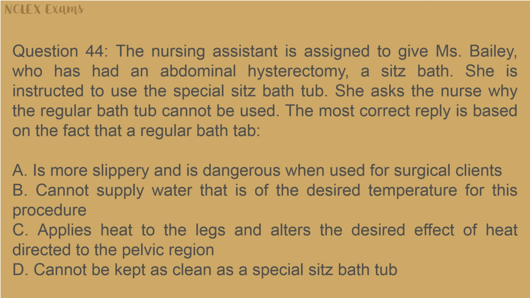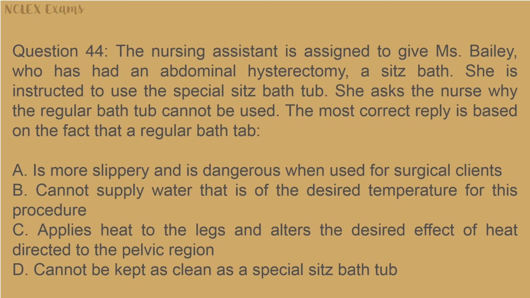Question 44. The nursing assistant is assigned to give Miss Bailey, who has had an abdominal hysterectomy, a sitz bath. She is instructed to use the special sitz bathtub. She asks the nurse why the regular bathtub cannot be used. The most correct reply is based on the fact that a regular bathtub: A. is more slippery and is dangerous when used for surgical clients.